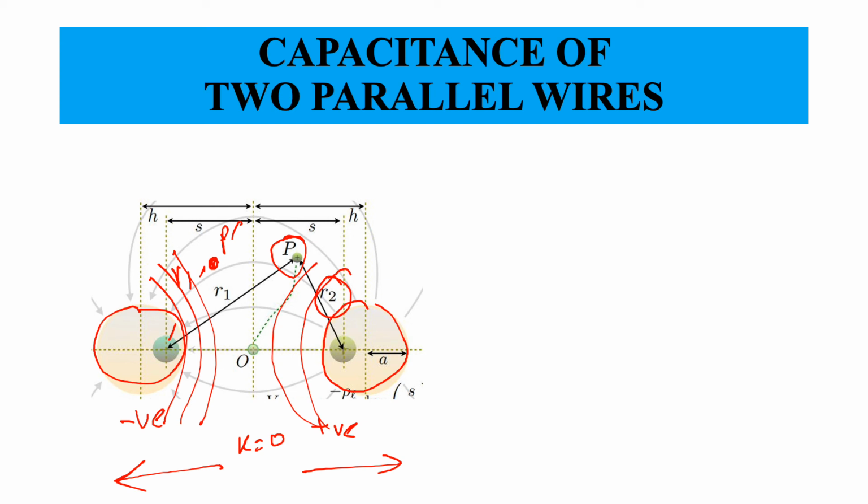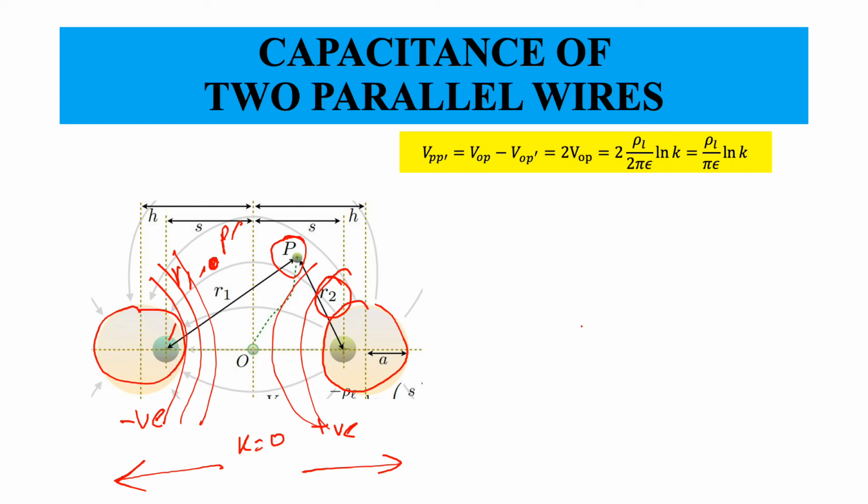Now ask what is the potential difference between P and P prime. How will you get it? You will calculate the potential at point P and then the potential at P prime. We have already calculated the potential VOP.